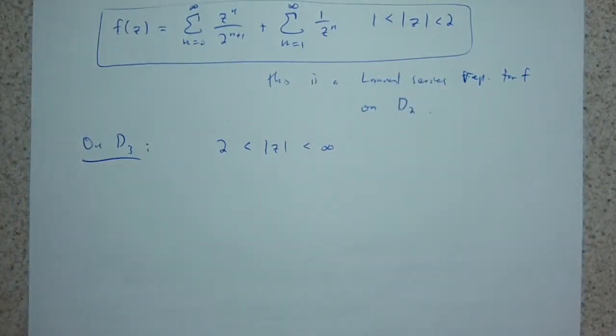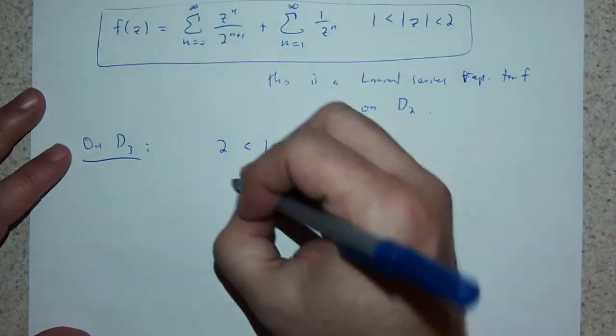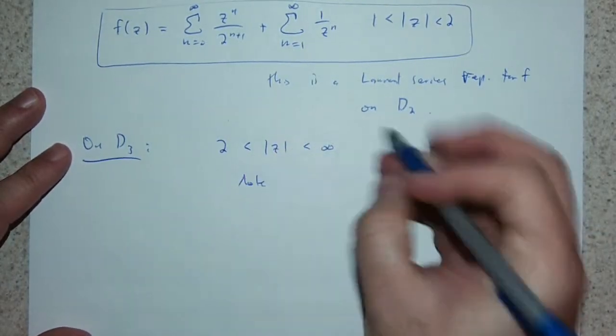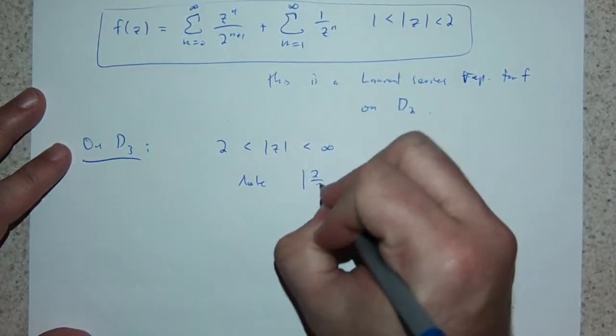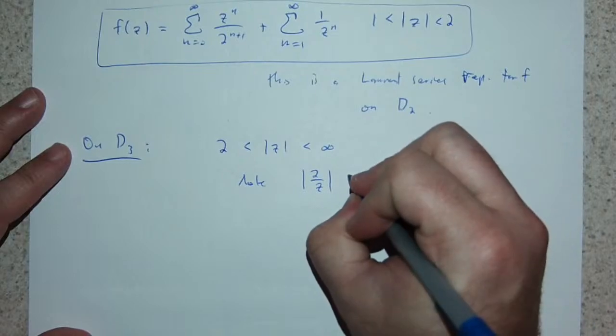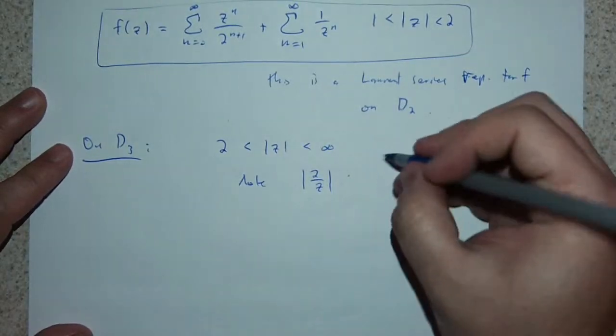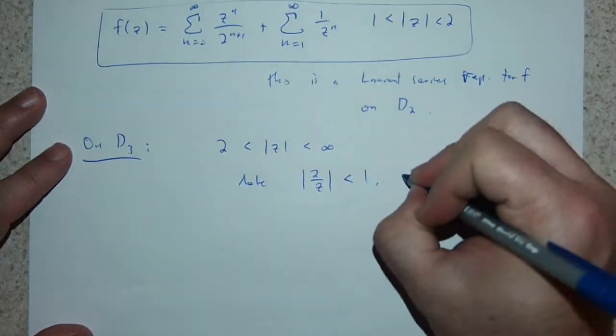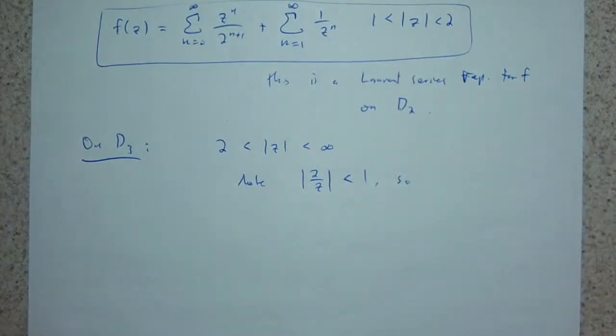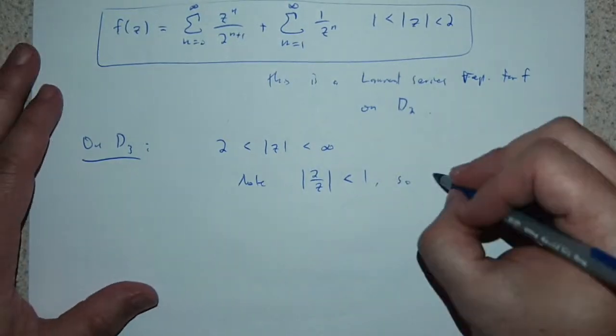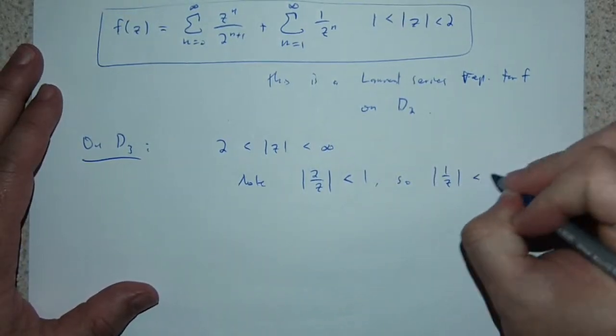Okay. So how does that help me? Well, one, note here I have that the modulus of 2 over z is strictly less than 1. But if that's the case, right, then the modulus of 1 over z is also strictly less than 1.